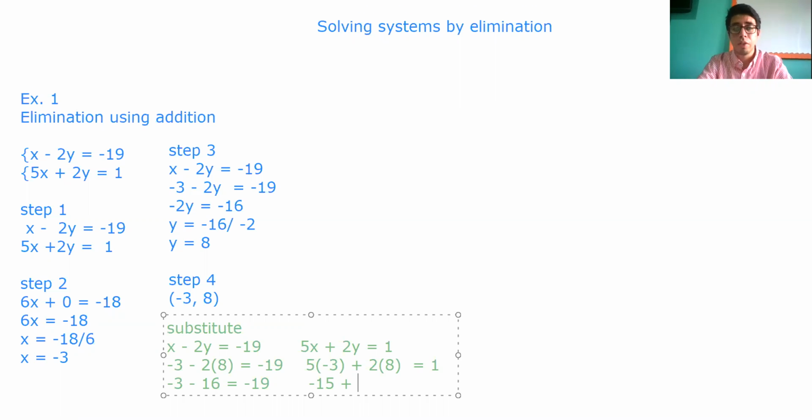So we have 2 times 8, and here is 16. 2 times y, yes. In here is negative, but in here is positive, so plus 16. This has to be equal 1.